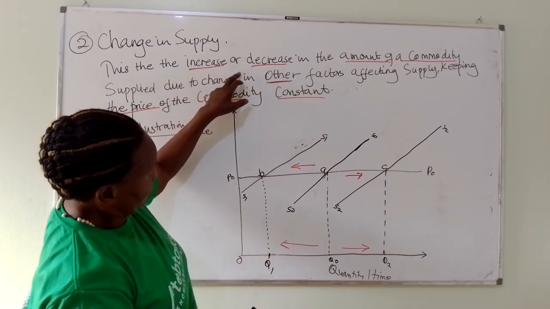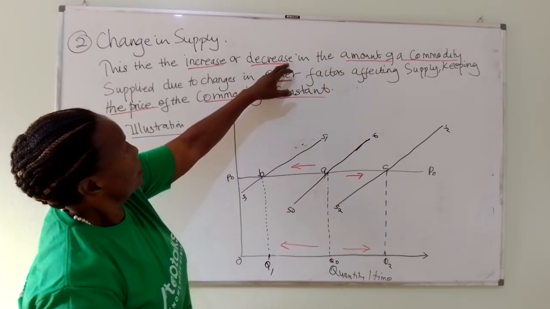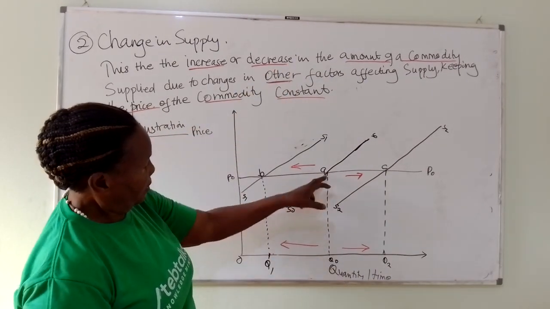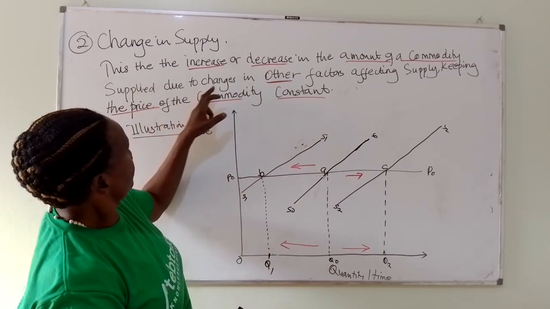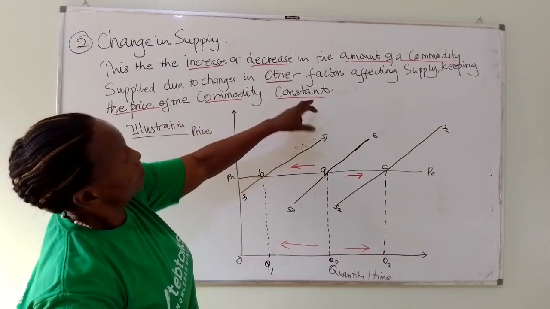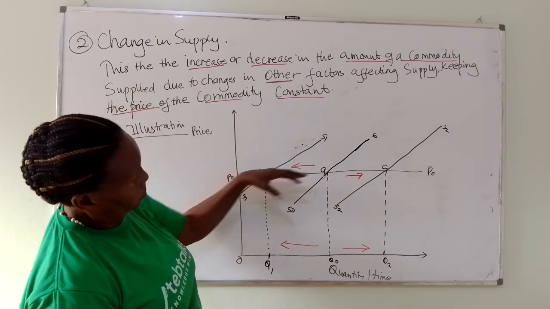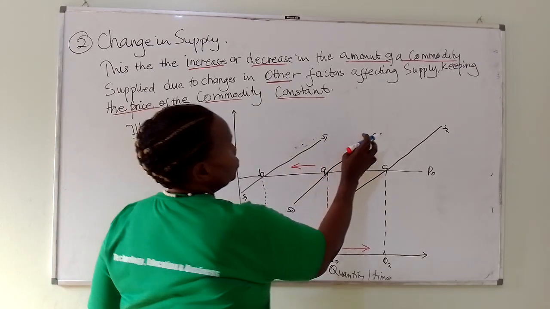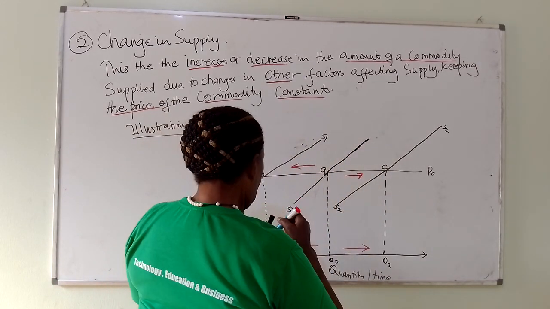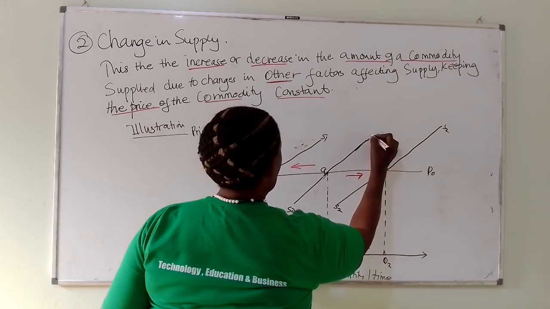This is the increase, as you can see, from A to C, or decrease from A to B, in the amount of a commodity supplied due to changes in other factors affecting supply, keeping the price of the commodity constant. So our price is constant, and we get a new supply curve respectively for the increase and the decrease.